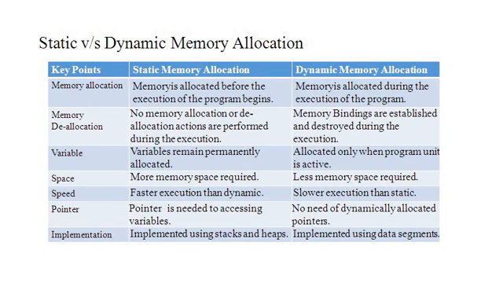So in terms of memory allocation, static memory allocation is allocated before the execution of the program begins, while dynamic memory allocation is allocated during the execution of the program.